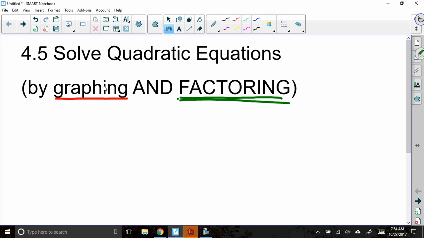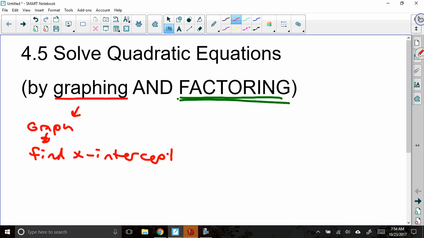By graphing, to solve, what you're going to do is graph, and find the x-intercepts. That can be done in several ways. Sometimes it'll be real clear what your answer is.